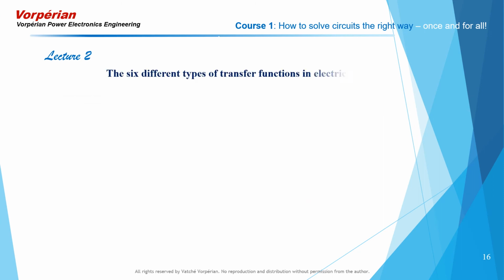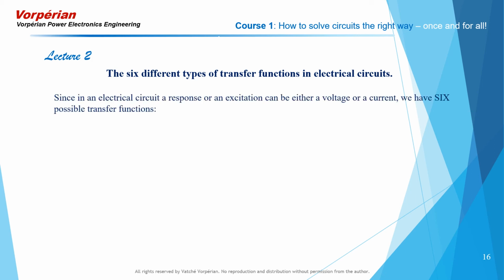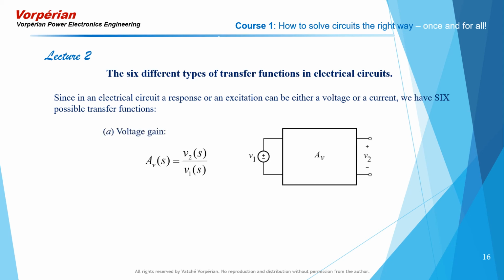Now we want to specialize the concept of a transfer function, which I have exposed to you, to the 6 possible cases that we can have in an electrical circuit. First, we speak of a voltage gain of a circuit. If you have an amplifier, it's typical to speak of its voltage amplification.